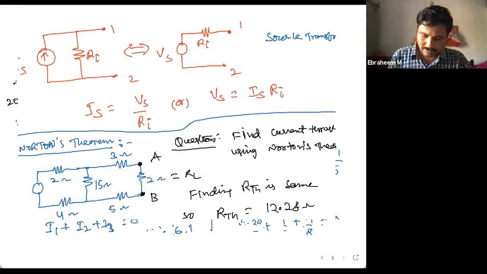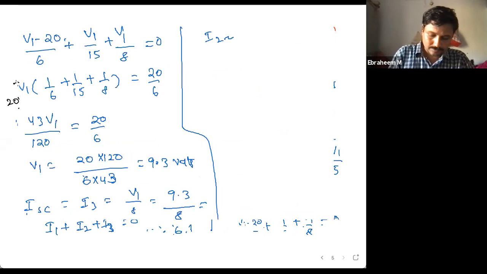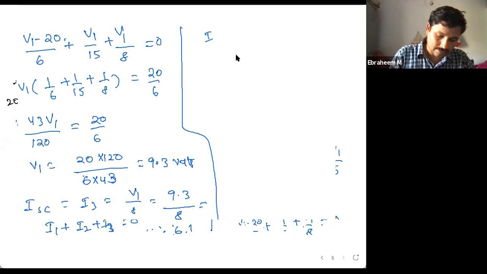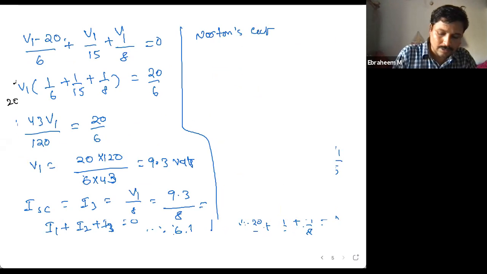So first let us construct the Norton circuit. The Norton current source is 1.16 amperes.